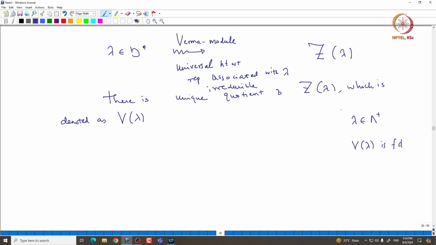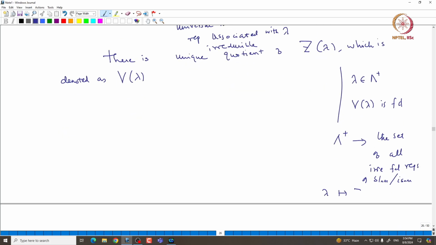So we established this one-to-one correspondence from lambda in the set of dominant weights to the set of all irreducible finite dimensional representations of sl n plus 1 modulo isomorphisms. The map is given by lambda goes to the bracket V of lambda, and we already proved that this correspondence is one-to-one.